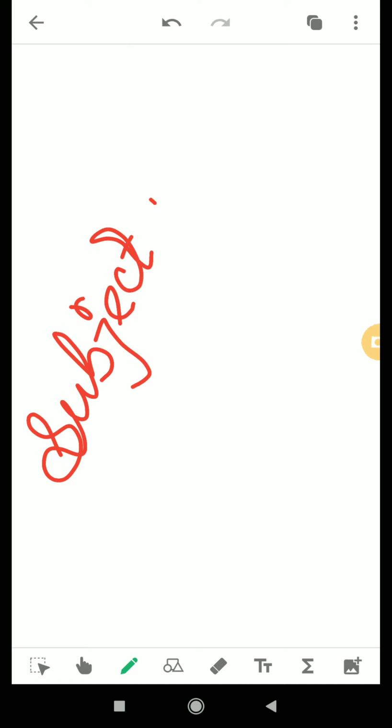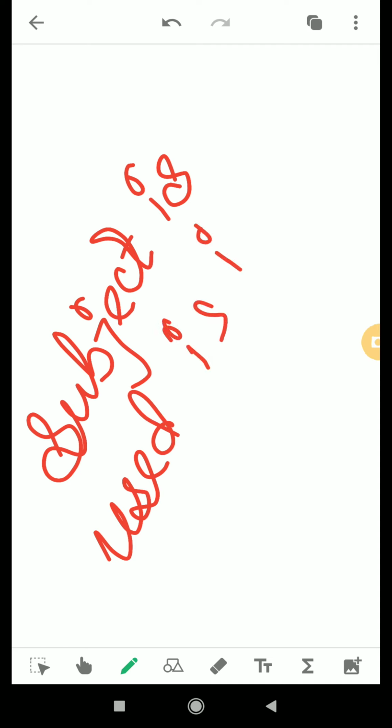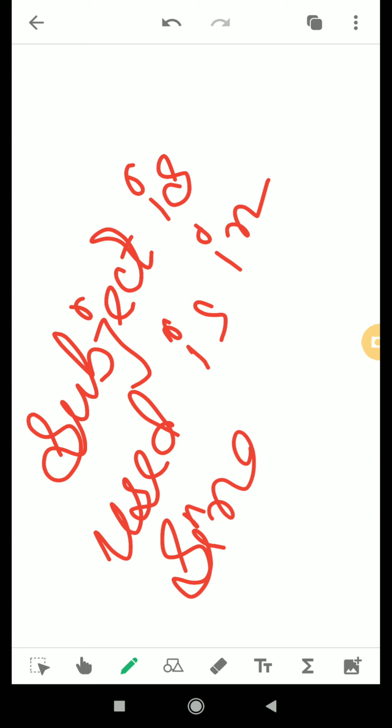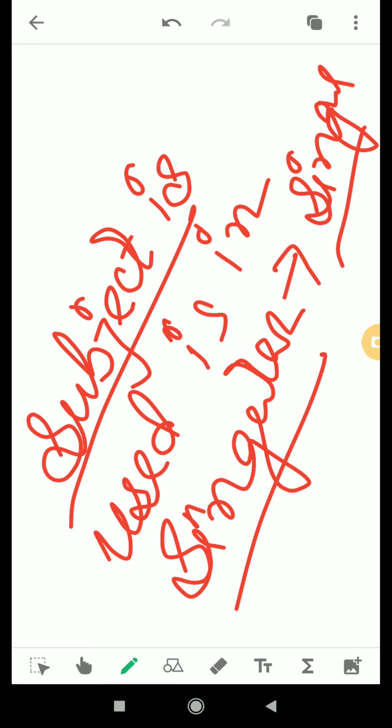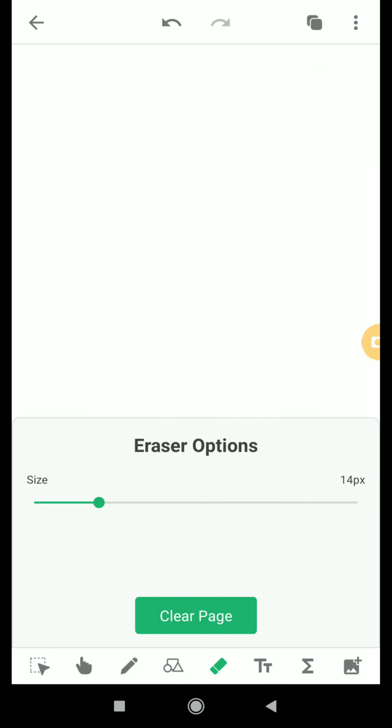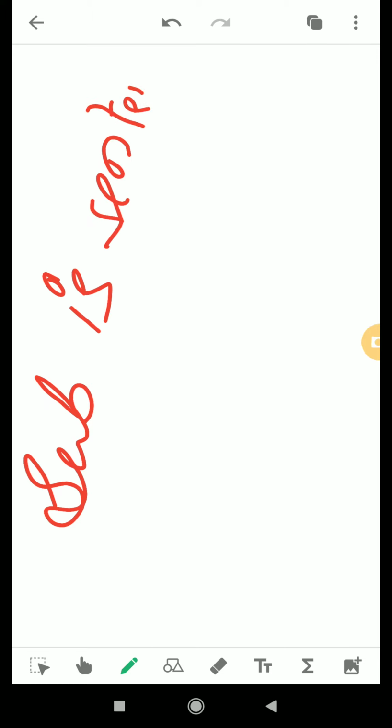Understood? Remember, if the subject of the sentence is singular, then the verb will be singular. Again, if the subject is singular, then the verb which we will use will be singular.